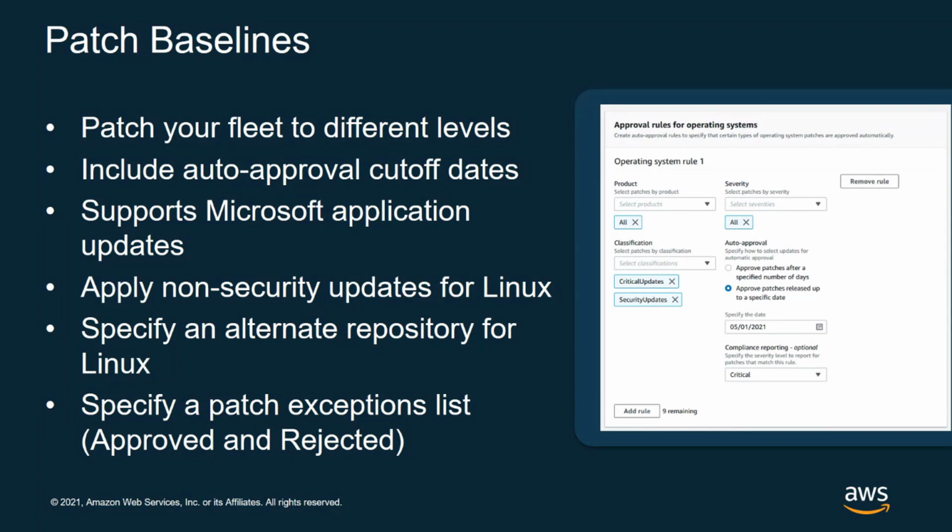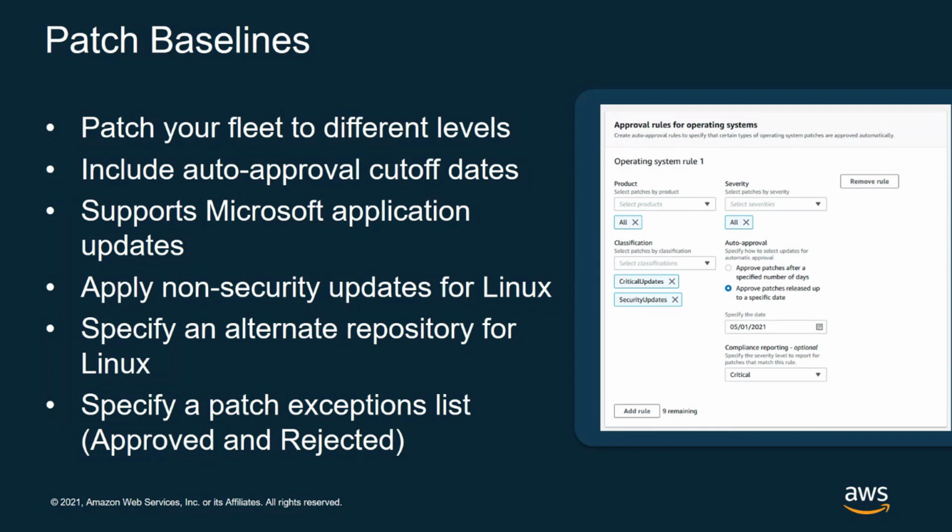For example, you may have different patching criteria for database servers or Active Directory domain controllers compared to standard web application servers, which may be a little bit more lenient as far as the updates that are being applied. So you may want to create specific baselines for each of those workloads.